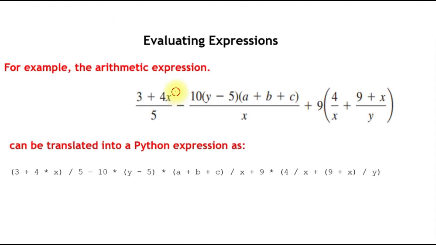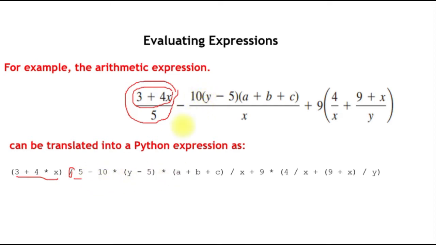So, isa-isahin muna natin. So, first, ito muna. 3 plus 4 times x. Hindi naman pwedeng 3 plus 4x. So, ang meaning kasi, di ba, nito, yung 4 at saka x ay multiplication. So, 4 times x. Then, i-group natin siya kasi iisa lang po yan. Then, divided by 5. Next is minus 10. So, merong parenthesis ulit.